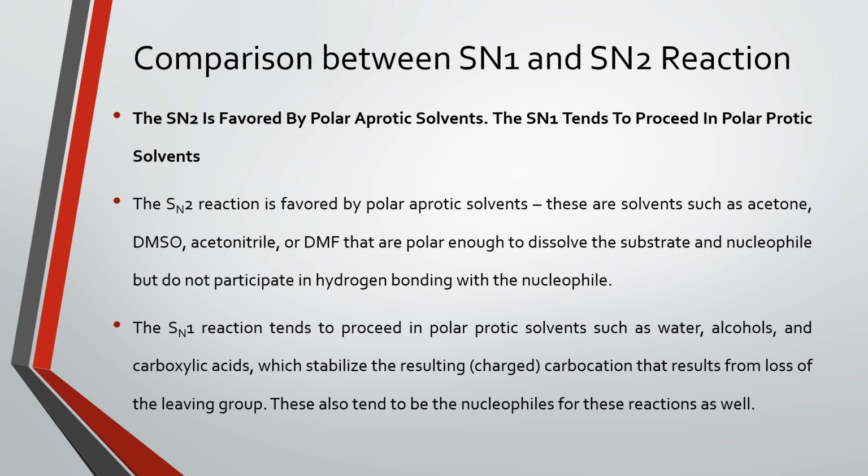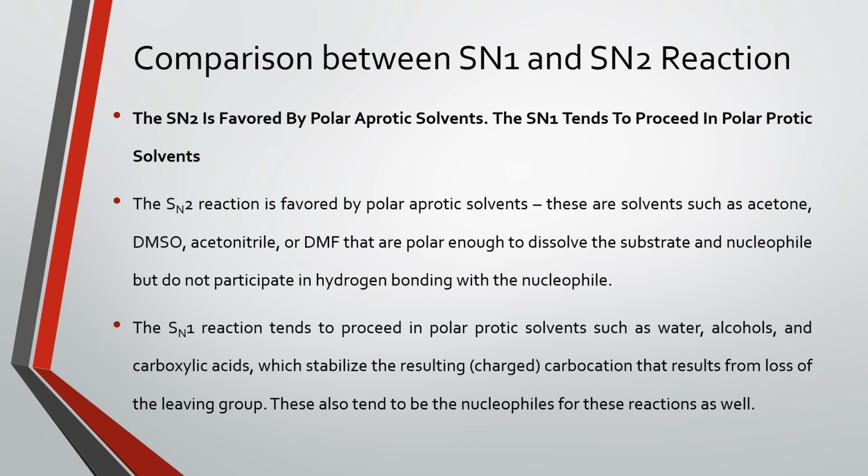The SN2 is favored by polar aprotic solvents and SN1 tends to proceed in polar protic solvents. The SN2 reaction is favored by polar aprotic solvents. These are solvents such as acetone, dimethyl sulfoxide, acetonitrile or DMF that are polar enough to dissolve the substrate and nucleophile but do not participate in hydrogen bonding with the nucleophile.